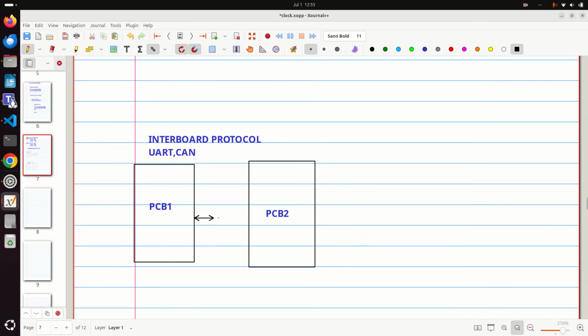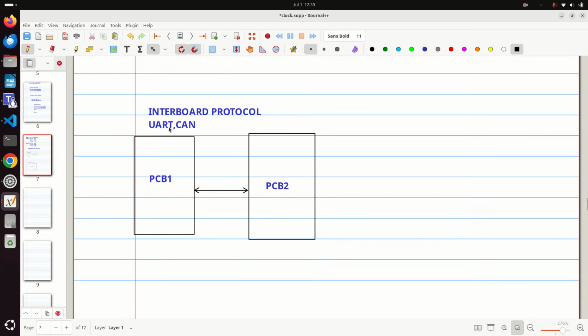So the communication happens between two different boards by using a protocol. Then it is an interboard protocol. So you can communicate between two boards or systems by using this protocol.